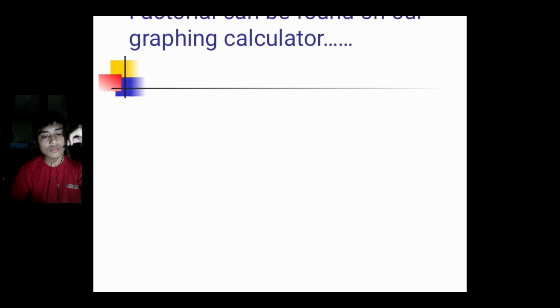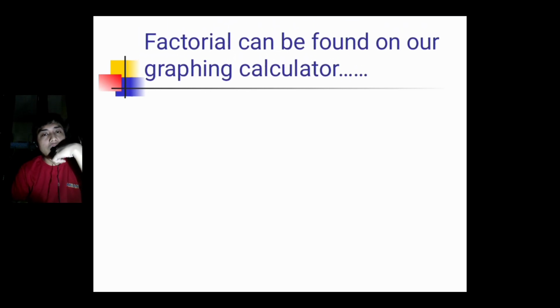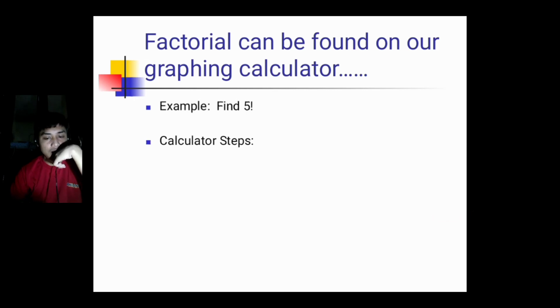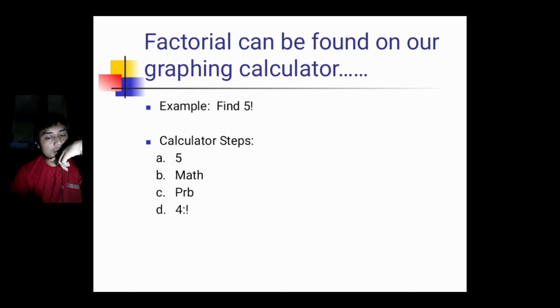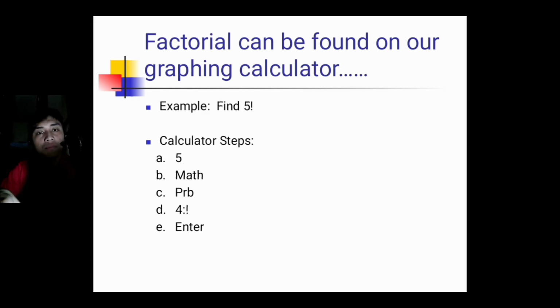Next, factorial can be found on our graphing calculator. For example, find 5 factorial. Depende yon kung meron kayong ganung klaseng calculator. You type 5, then math, PRB, 4 for factorial, then enter, and there you get it.